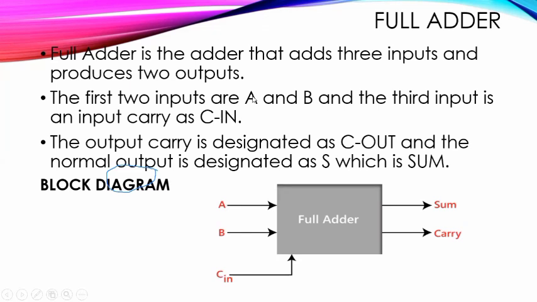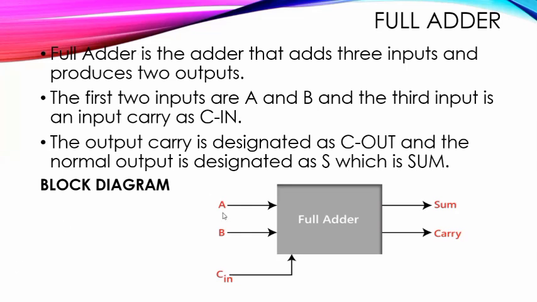So the first 2 inputs are A and B, and the third input is the input carry, Cin. The outputs are sum and carry. The output carry is denoted as Cout, and the normal output is denoted as S, which is sum. These are the inputs and outputs.